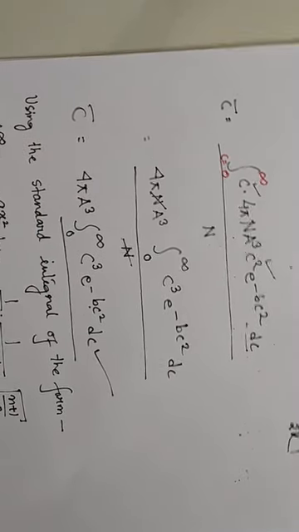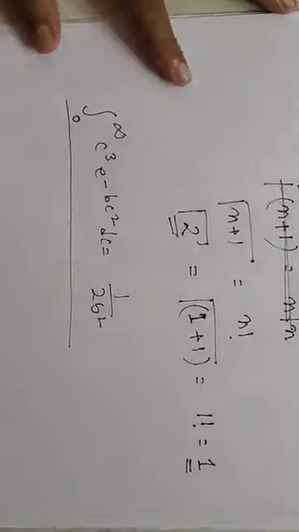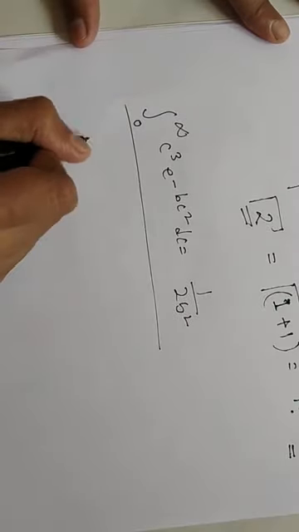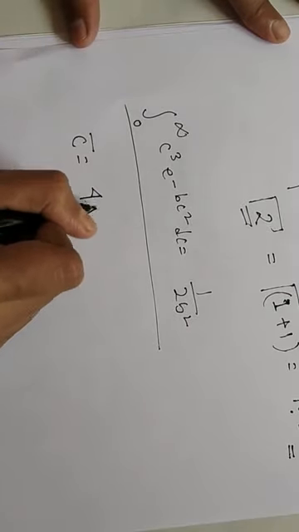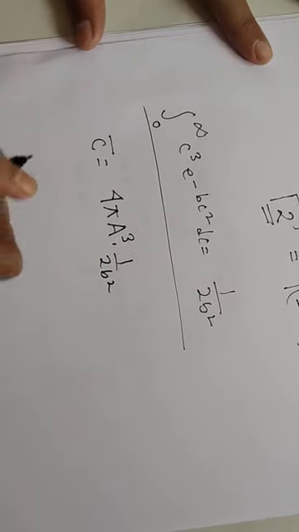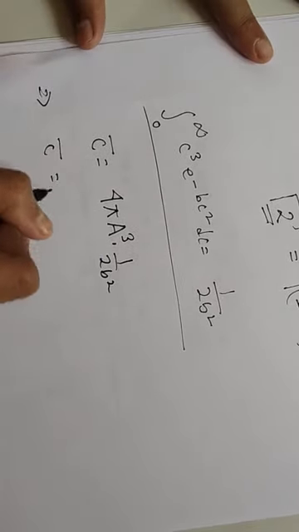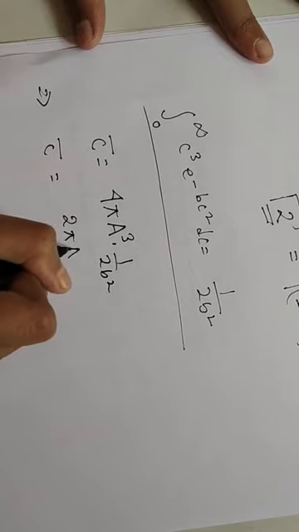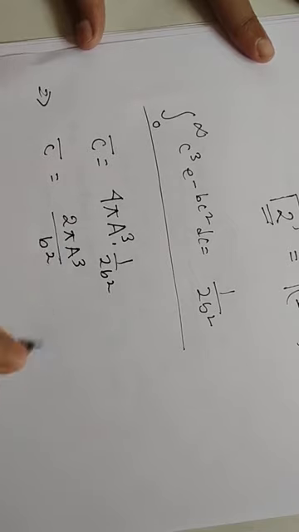So we'll have 4 pi a cube, and then 2b square, or c bar will be 2 pi a cube by b square.